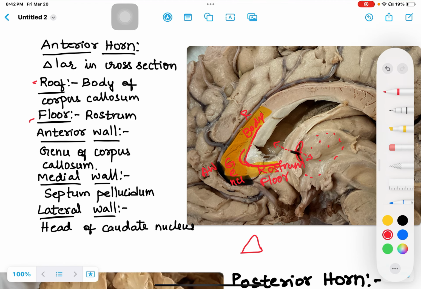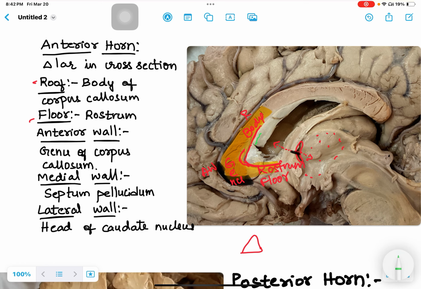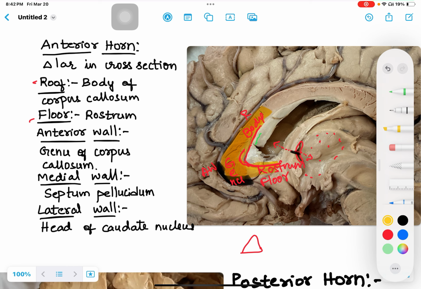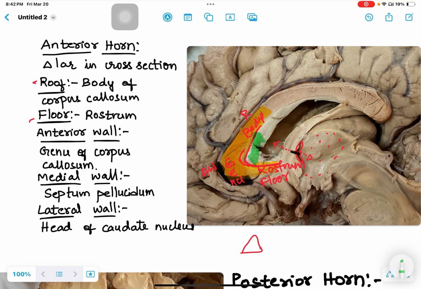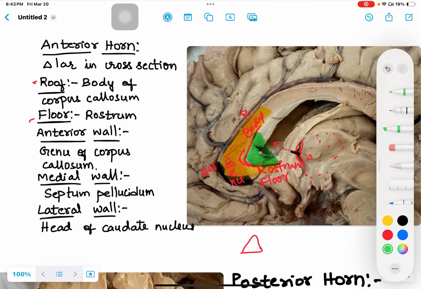Then the medial wall, as usual, is formed by this part of the septum pellucidum. Some part is cut and some part is present. And then the lateral wall. If you see on the lateral wall, there is a bulging.